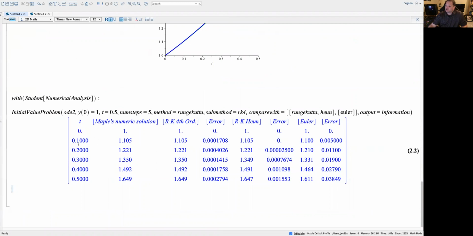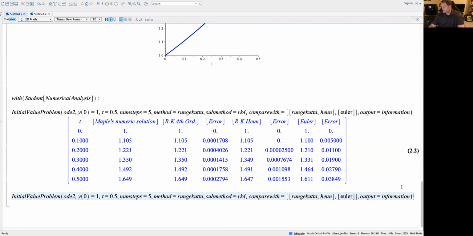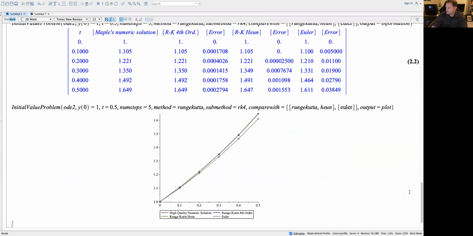It tells me what step of the iteration I'm on, what Maple's actual best guess at the answer is, what the Runge-Kutta fourth order method gives, and the error from the actual answer to Runge-Kutta, then what Heun's method gives and its error, and what Euler's method gives and its error. And the nice thing is this command gives another output mode other than the table. Instead of information, you can say output equals plot.